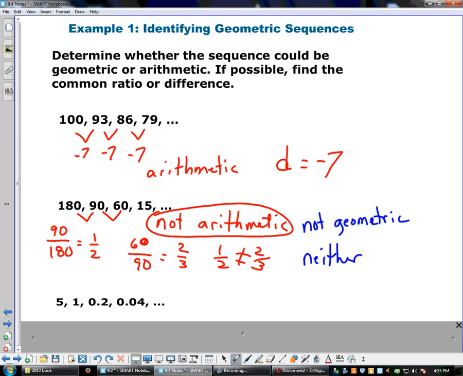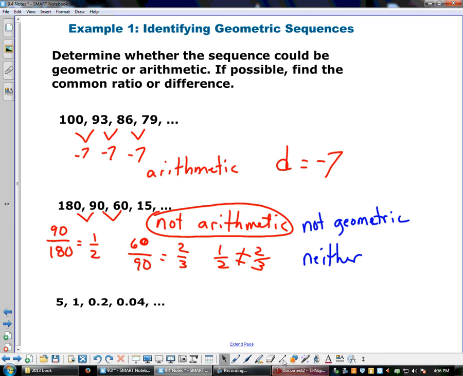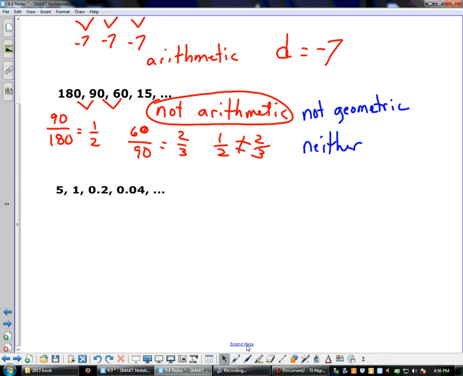All right, and then let's take a look at this example. We have 5, 1, 0.2, and 0.04. If I try common difference, 1 minus 5 is a -4, but 0.2 minus 1 is -0.8.